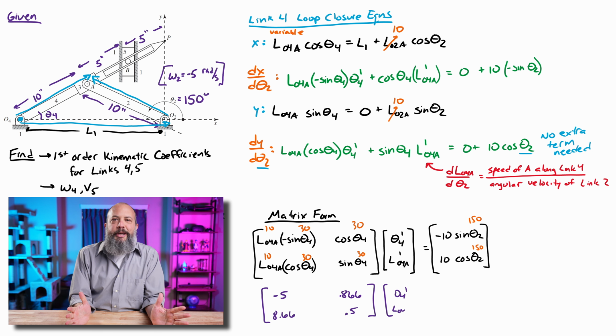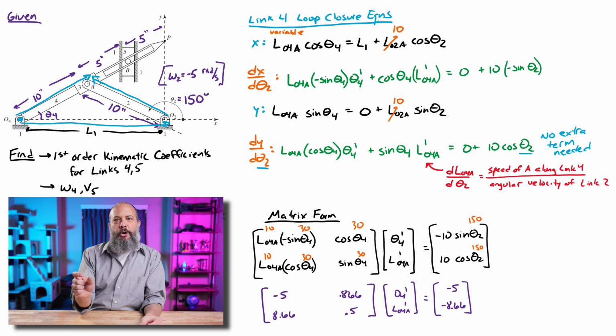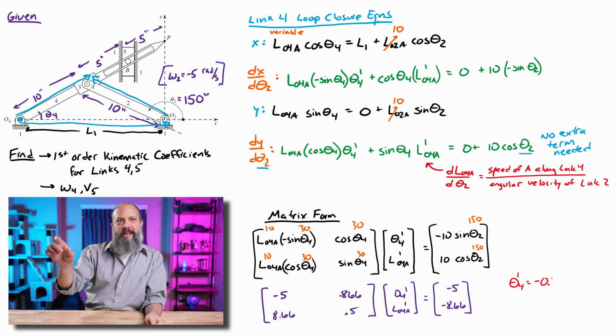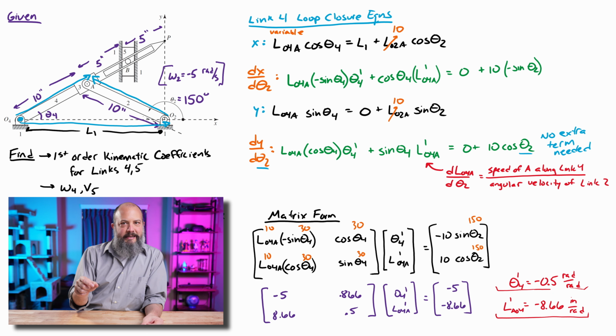So a little bit of calculator work. Theta 4 prime is negative 0.5, and the units for that are radians per radian, right? This is the angle of the output over the angle of the input. And LO4A prime is negative 8.66 inches per radian, because again, this is a distance, right?